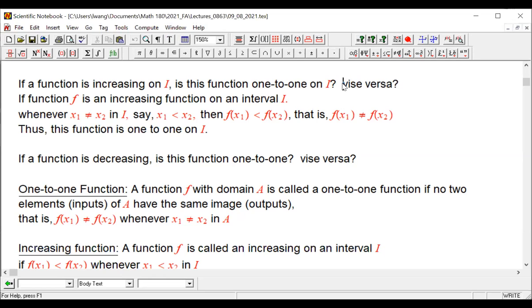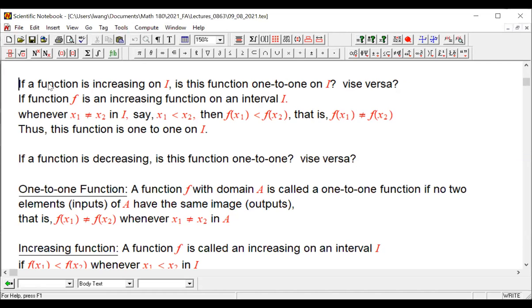But is the reverse true? That's another question. In calculus class, you often ask these questions: what if the conclusion becomes a condition, and the condition becomes a conclusion? Will that still be true?